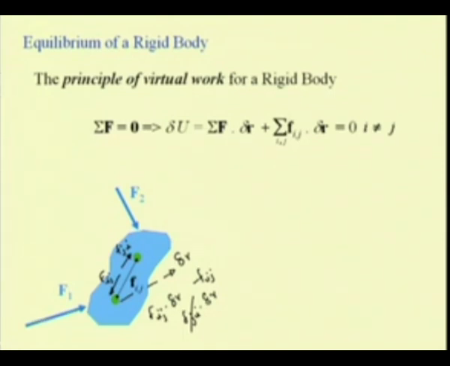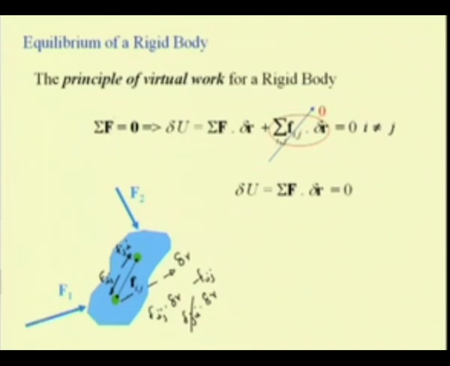So, the sum of all such virtual work when we take the various particle combinations becomes 0, and so this quantity is 0 when we take the complete rigid body. So, this quantity becomes 0 and we have the equation delta u, the virtual work equal to 0, becomes sigma f dot delta r equal to 0.